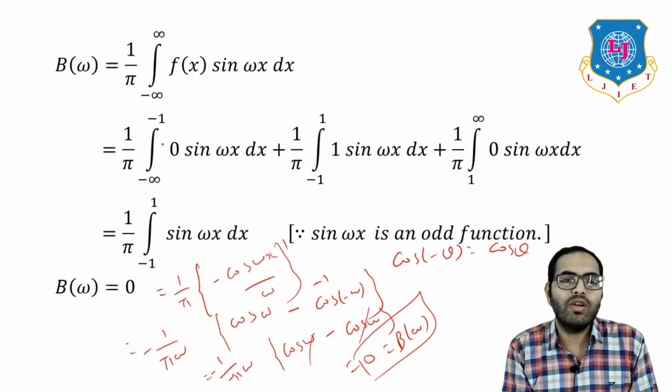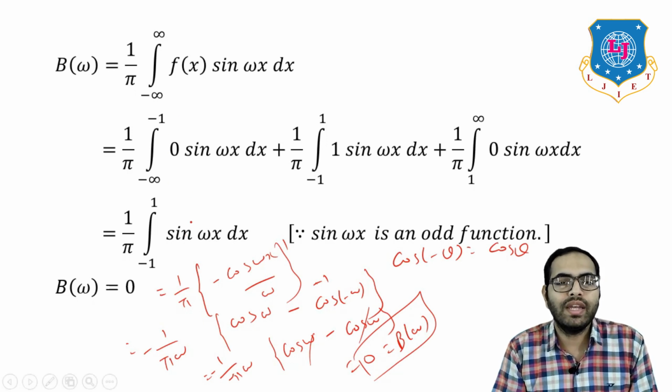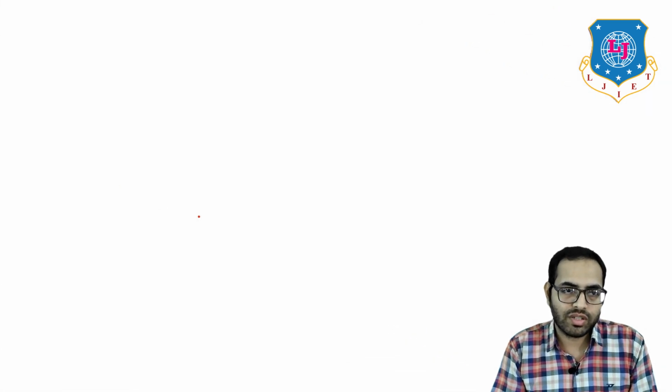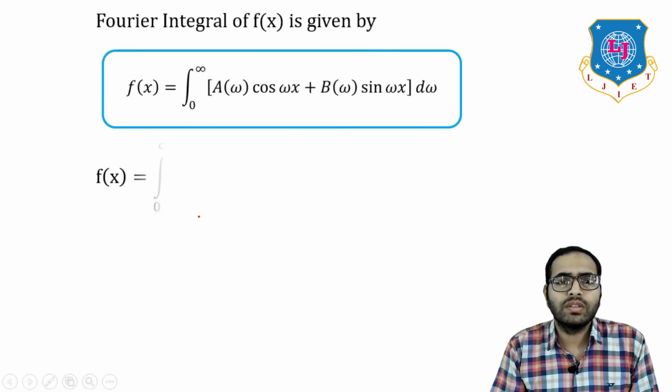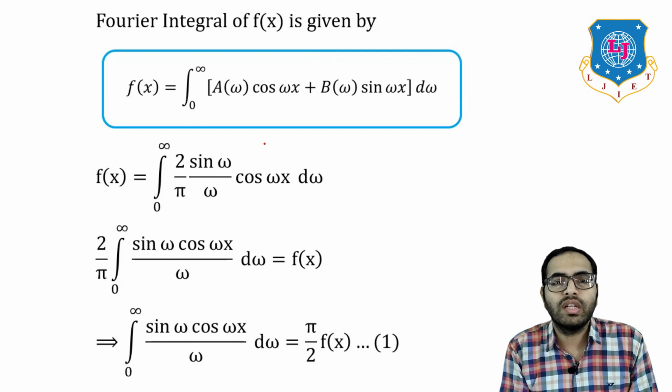Now substituting the values of a of omega, b of omega in the Fourier integral representation. Then the Fourier integral of the given function is represented by f of x equal to integral 0 to infinity of a of omega cos omega x plus b of omega sin omega x d omega.